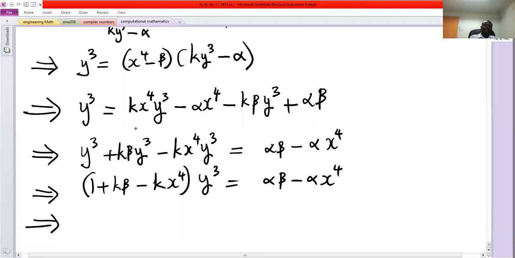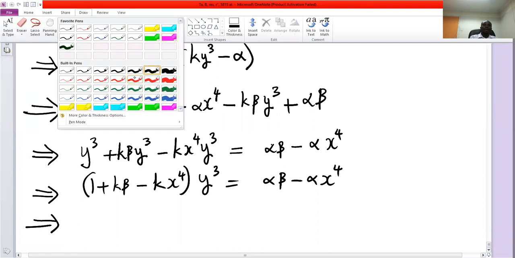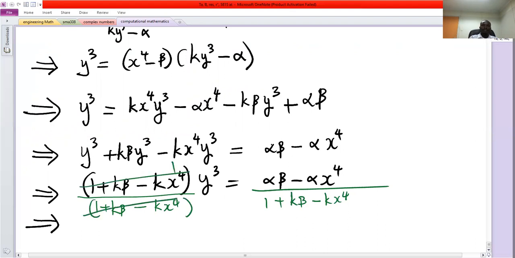This implies that to get y cubed alone, we have to divide through by this bracket, 1 plus k beta minus k x power 4, so that this and this cancel out.